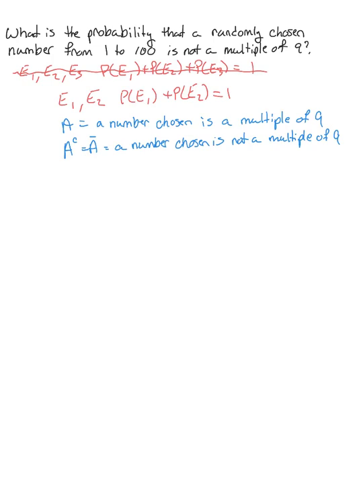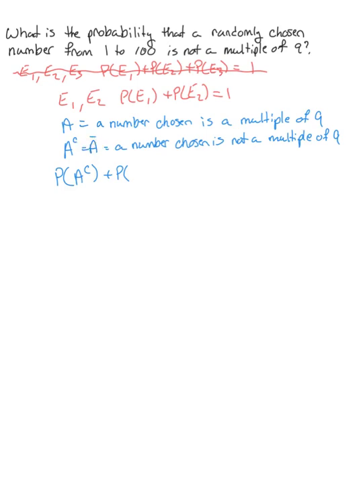In order to do that, writing our original equation, before we said that there were two events that could occur and they have to equal 1. Well, here the only two events we care about are that when we draw a random number, it's a multiple of 9 or it's not a multiple of 9.